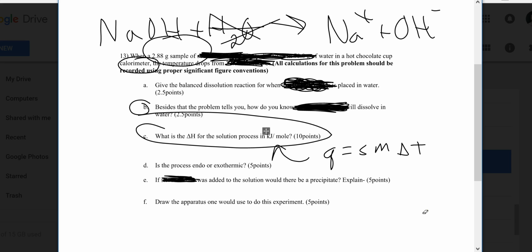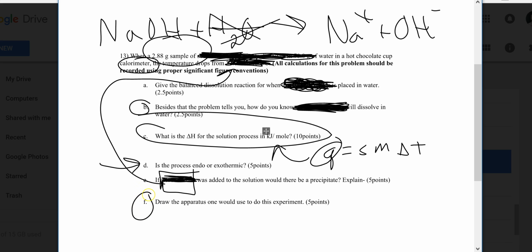Alright, now, is it endo or exothermic? Once again, that has to do with the sign that you'll get here to your Q. If this substance was added to a solution, would there be a precipitate? So the thing we're adding here, you need to know how its solubility is affected and if a precipitate would be formed.